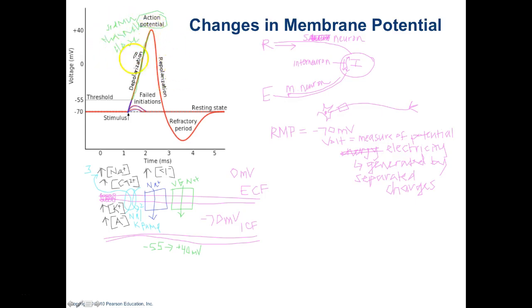And so these sodium channels close, but another channel is going to open. Let's use gray. That is going to be our potassium channels. Our potassium channels are going to open. And when our potassium channels open, it's allowing our potassium to flood out.